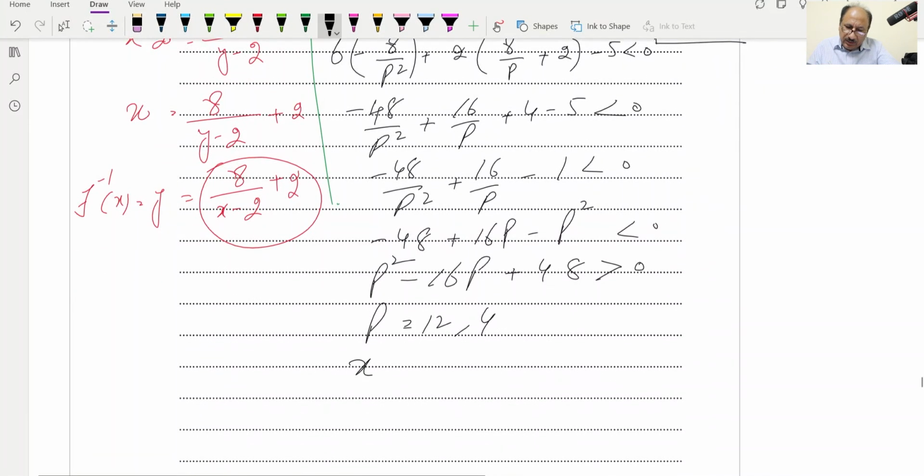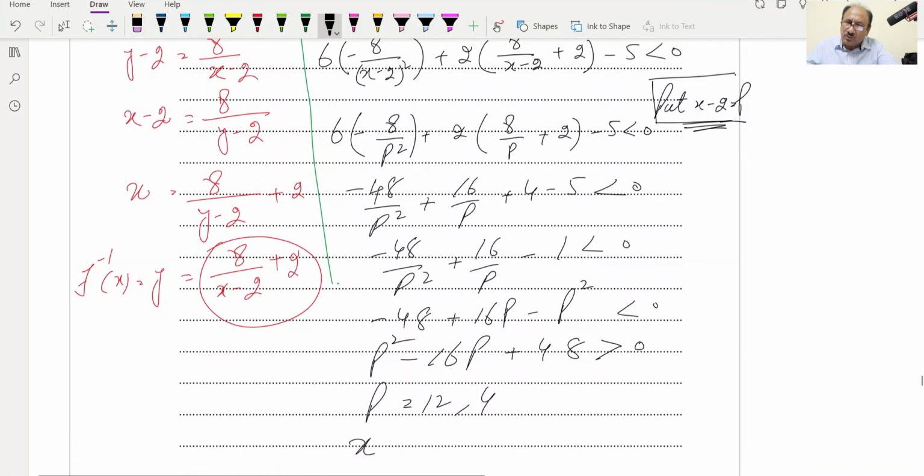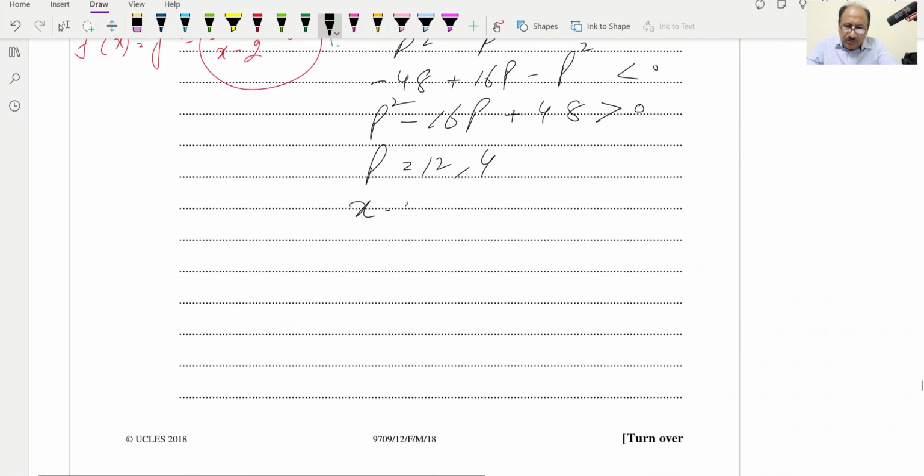We replaced p with x minus 2, so x minus 2 is equal to 12, and x minus 2 is equal to 4. So x is equal to 14 and x is equal to 6. So 14 and 6 will be the two values.